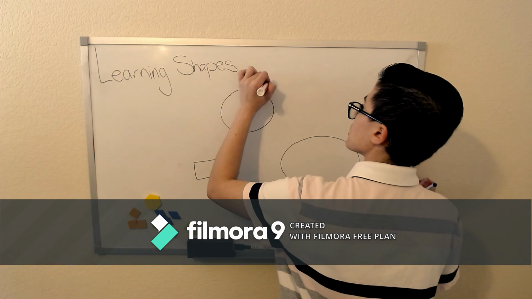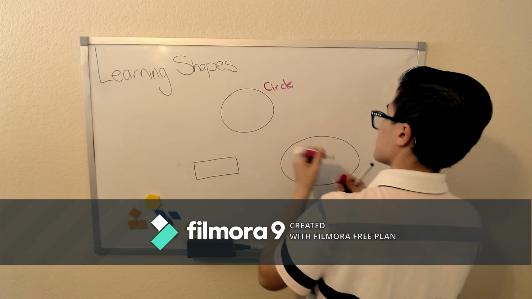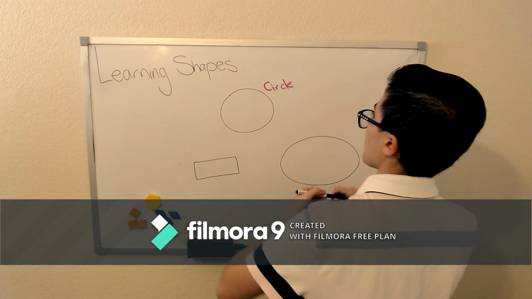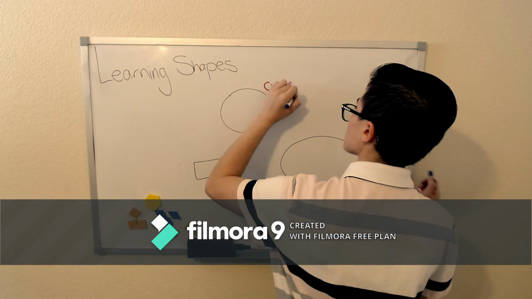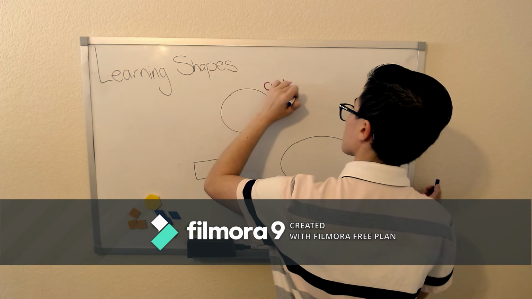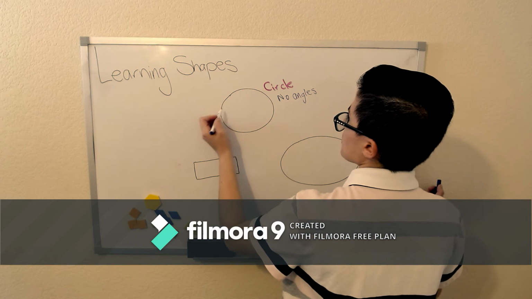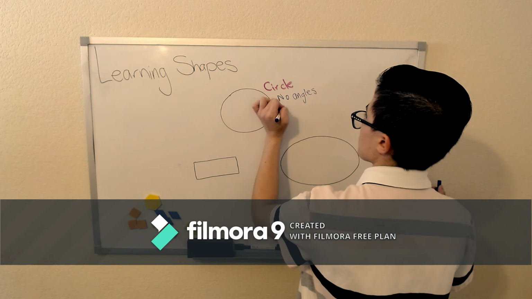This is your circle. Your circle has no sides, well, no angles, which makes it a perfectly round shape.